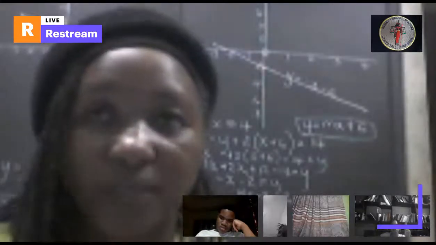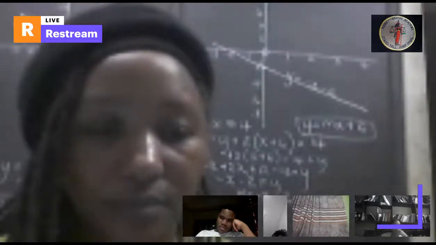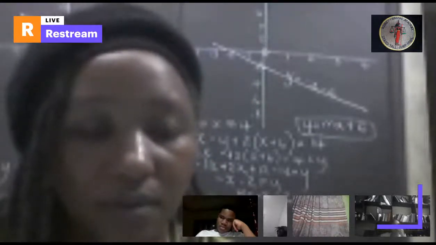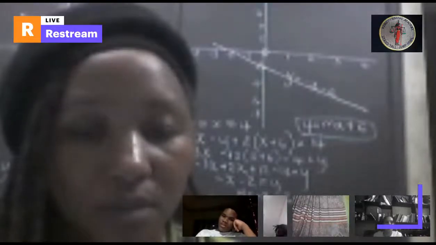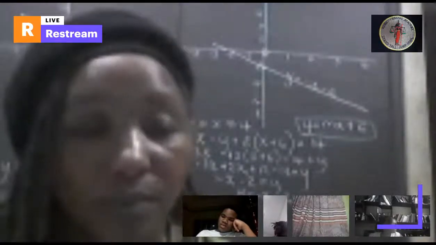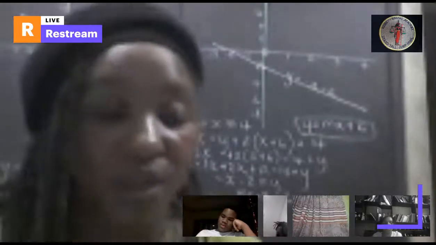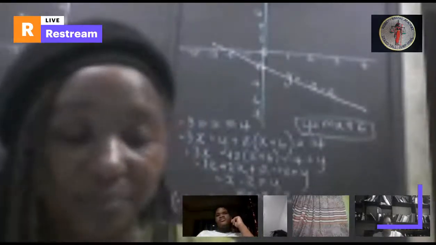So where it's supposed to pass through, that's not complete. What was the term that I used for that? The intercept.